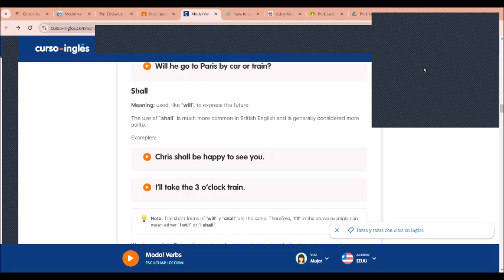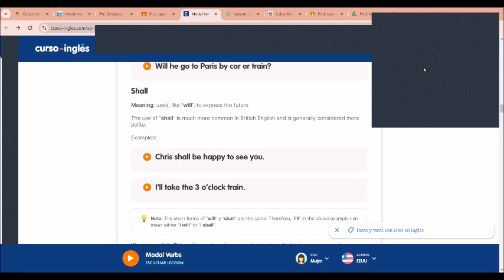Chris: I shall be happy to see you. All right, I'll take the 3 o'clock train. All right. Now, shall, and yes, if you ever watch a British series or a movie based in a part of Great Britain, you'll notice Great Britain has these different ways of using the English language.